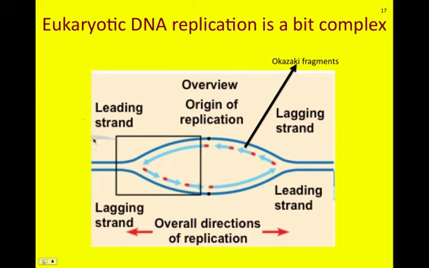It involves a leading strand where DNA polymerase comes in and makes one smooth strand. On the other side of the origin of replication, we have multiple fragments, and the strand eventually formed by these Okazaki fragments is called the lagging strand.